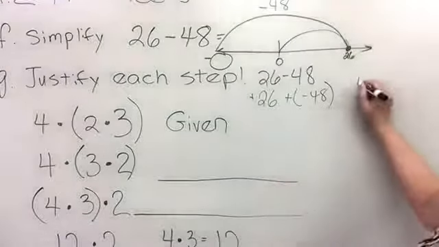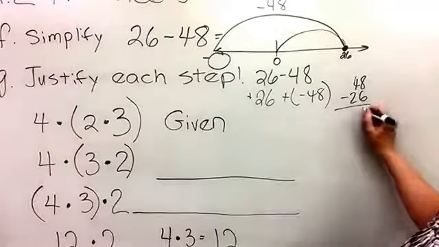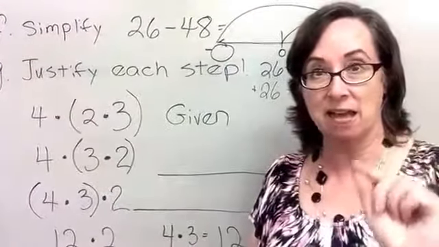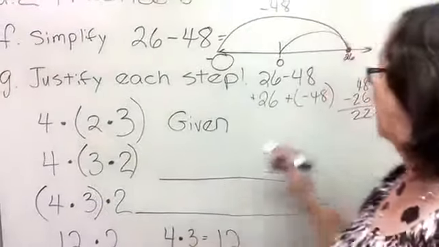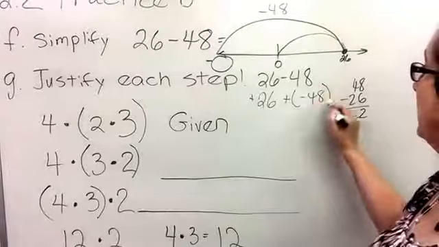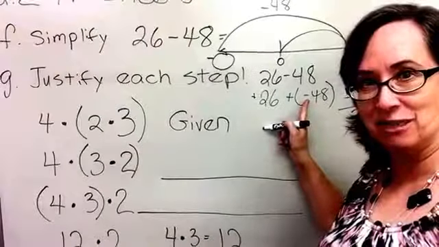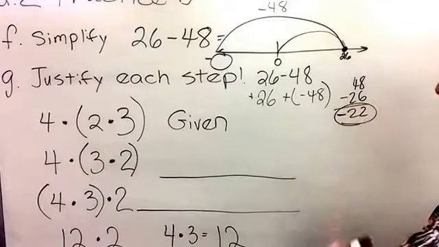So I'm going to subtract 48 take away 26 is 22, but then I'm going to take the sign of the greater absolute valued number, which is the 48, and the 48 is sporting this negative sign. So my answer is going to take the negative sign.